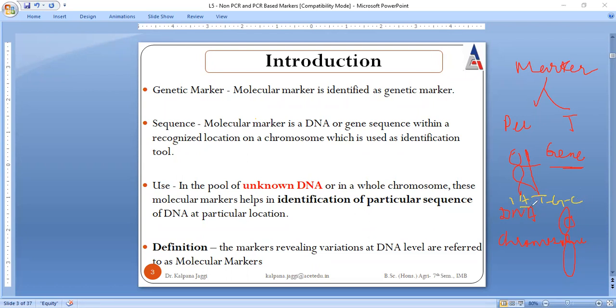When we talk about this recognized DNA sequence, which is placed at a fixed position on the chromosome, then we call it a genetic marker, right? Because it is always available at a fixed position, and its position is fixed on the chromosome, it can be utilized as an identification tool.